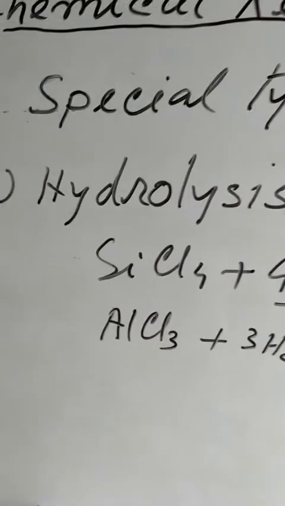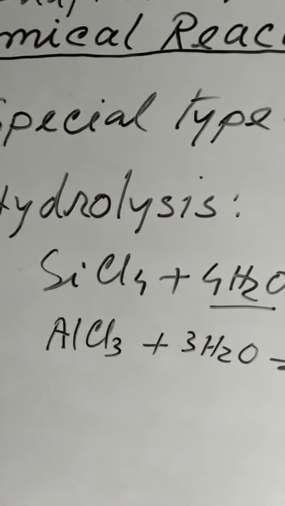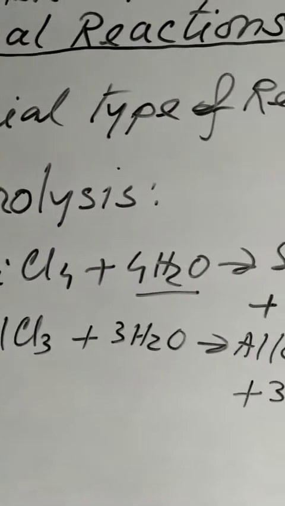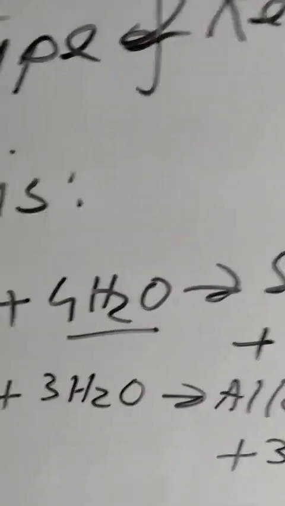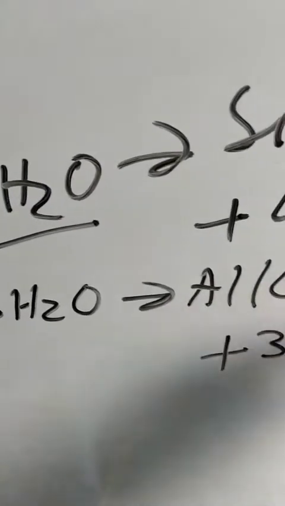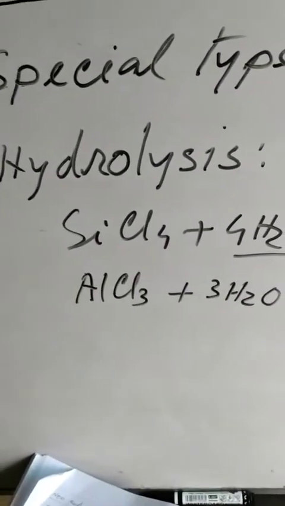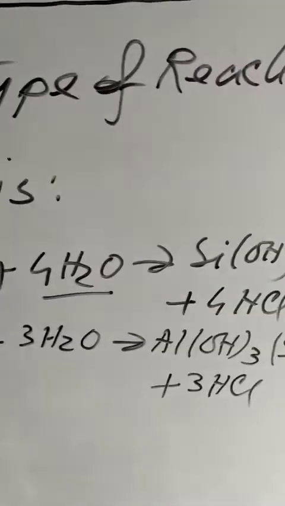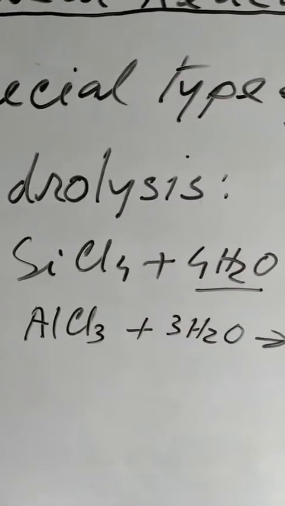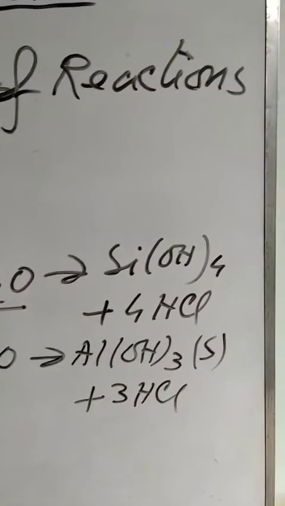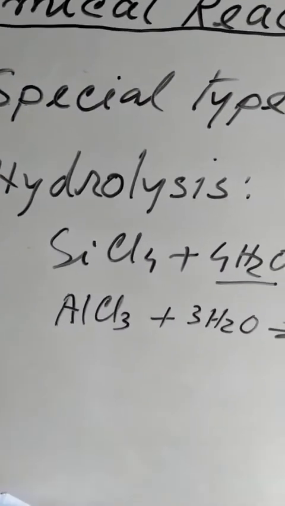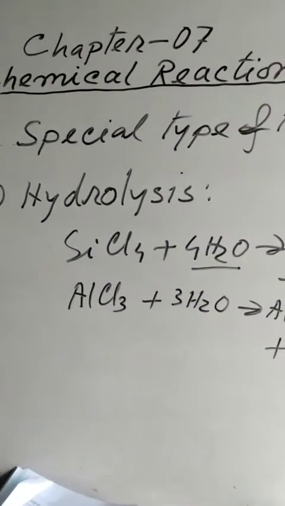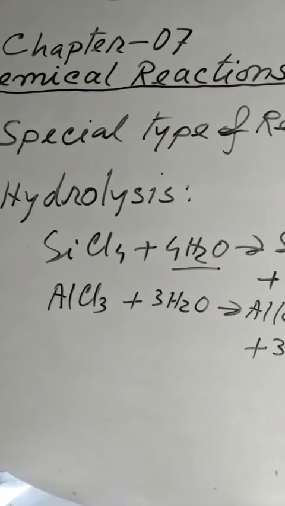This is another example of a hydrolysis reaction. The interesting thing in this reaction is that the hydroxide which is produced is solid, that is insoluble. So this is an example of two kinds of reaction. One is hydrolysis, another one is precipitation reaction, because an insoluble product, aluminum hydroxide, is produced.